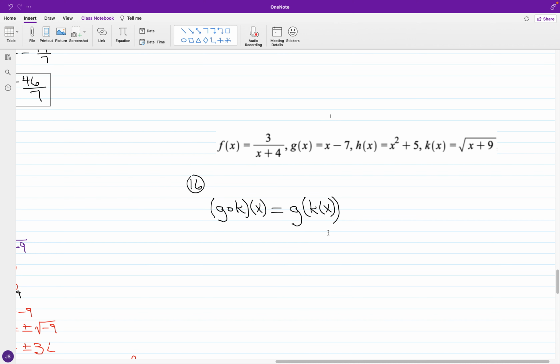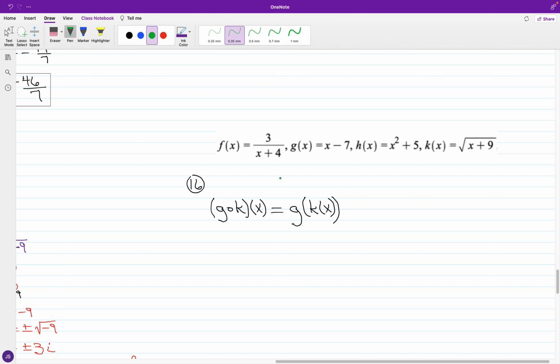Okay, so for G composed with K of X, again, we'll have the output function in line with G of X. So G of the input is equal to the input minus 7.